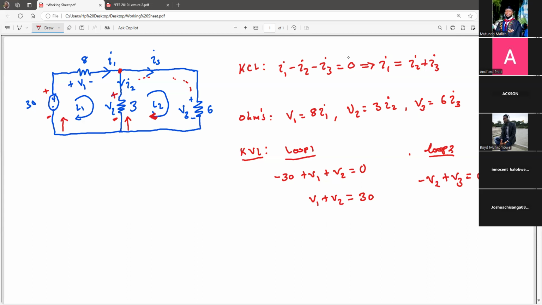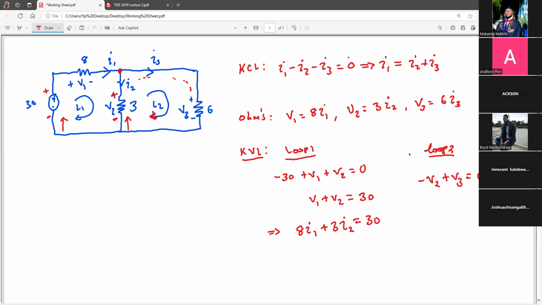Okay. So now that we have the KVL, we can substitute the Ohm's law expressions into this KVL for the voltages. If we do that, then it means we know what V1 is. It's 8 I1, okay, plus 3 I2 is equal to 30.